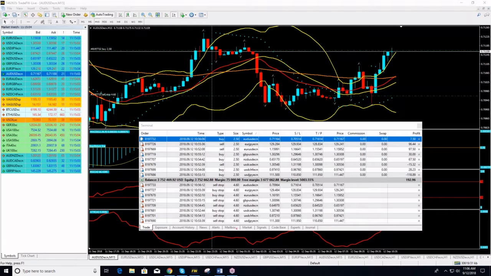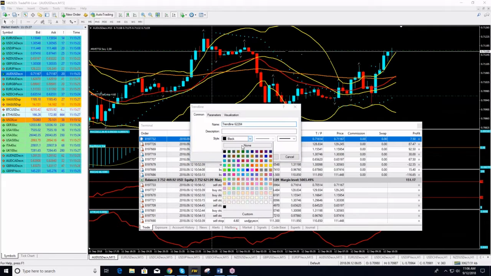The first position I have opened, so current FX positions. The first one is I have entered long positions on Aussie dollar with a TP at 71.614. Now we see that Aussie dollar has broken its trend line. Let me change the color of the trend line so that it is visible to everybody.